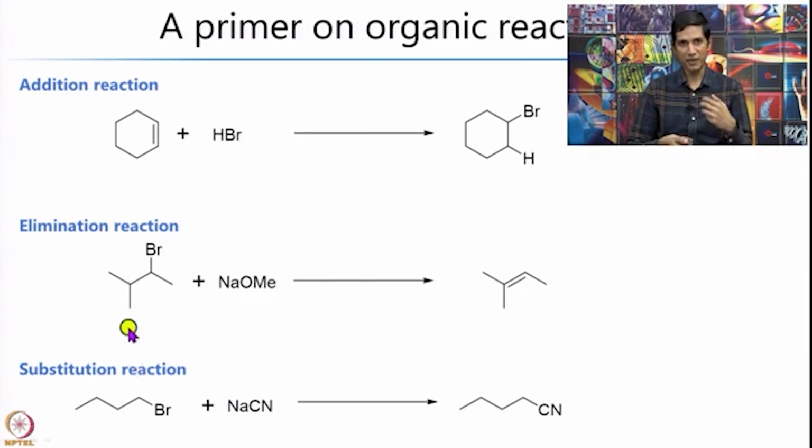So, these are very simple and intuitive to understand, and in addition there are various other ways of classifying organic reactions, but this is a simpler way to begin. So, having said this, we shall begin by looking at substitution reactions, and then later we shall look at both addition as well as elimination reactions.